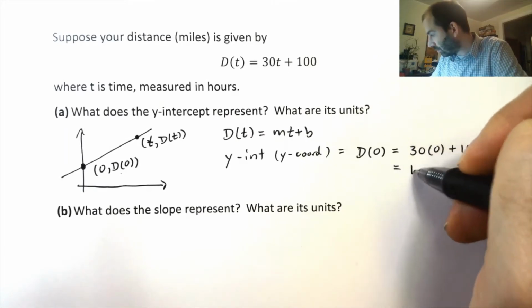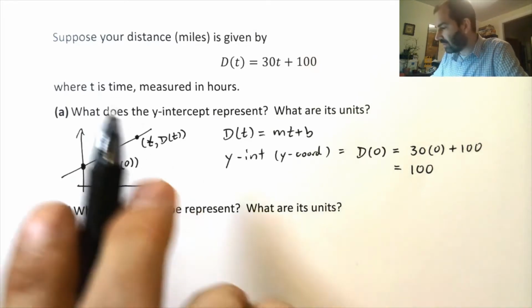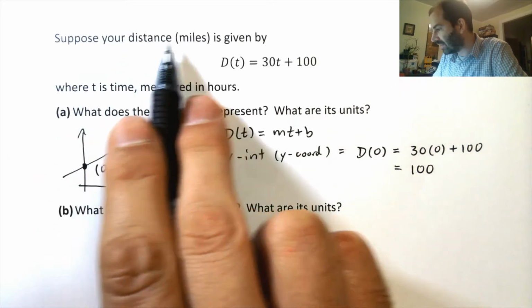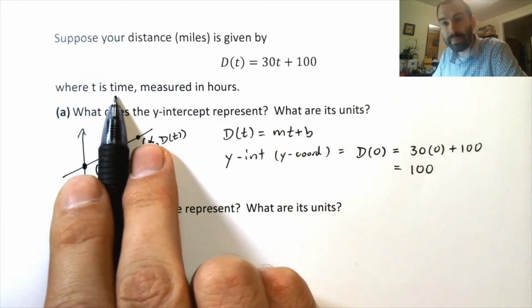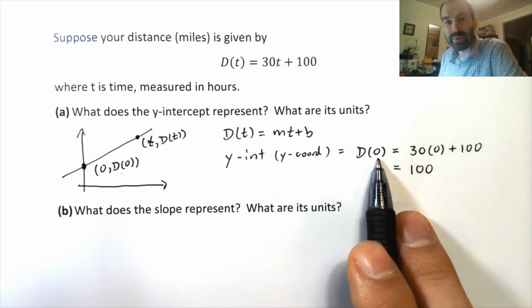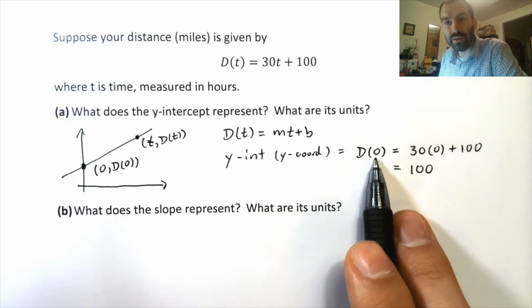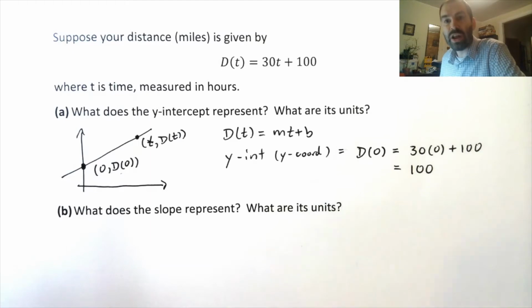which is just 100. So I found out what it is, but what does it represent? Well, let's read the function again. Your distance is given by d of t, where t is time. So this is the distance when time is 0. D of 0 is the distance at time 0. So this is our initial distance.